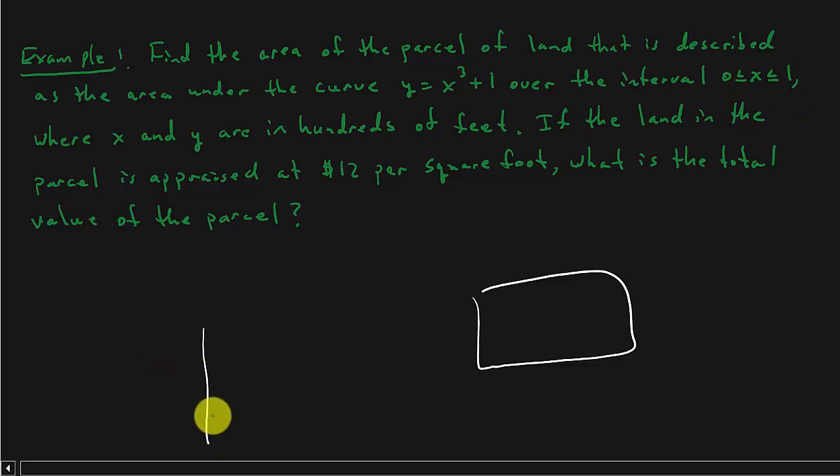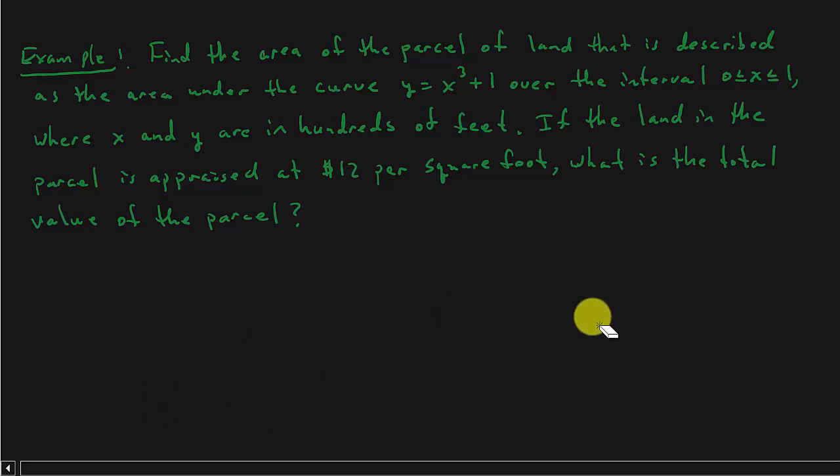So if you look at that graph, it's going to look something like that, from 0 to 1, and so that land looks something like that right there. That's what we're finding. Okay, that area there. And it says if the land in the parcel is appraised at $12 per square foot, what is the total value of the parcel?